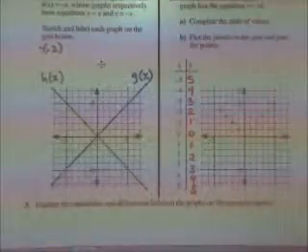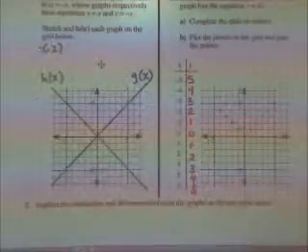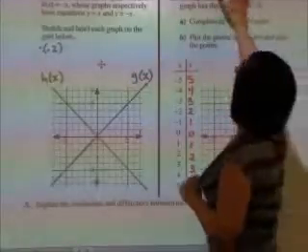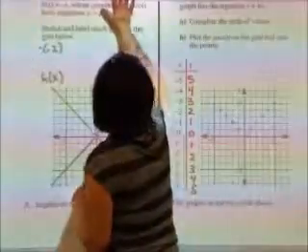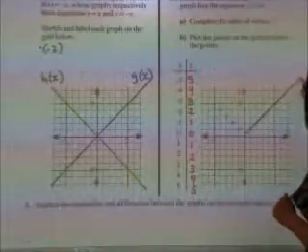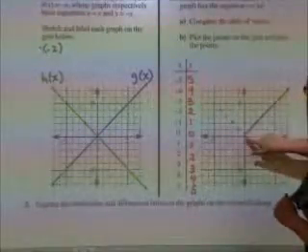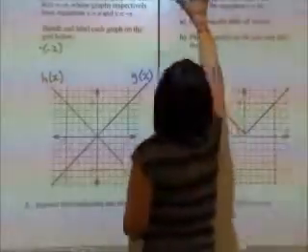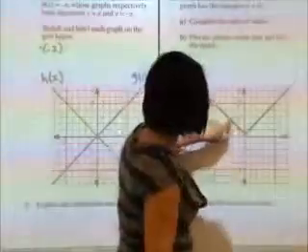What do you notice about the graph? What are some parts of the graph that you notice? It doesn't go into the negative sides of y.